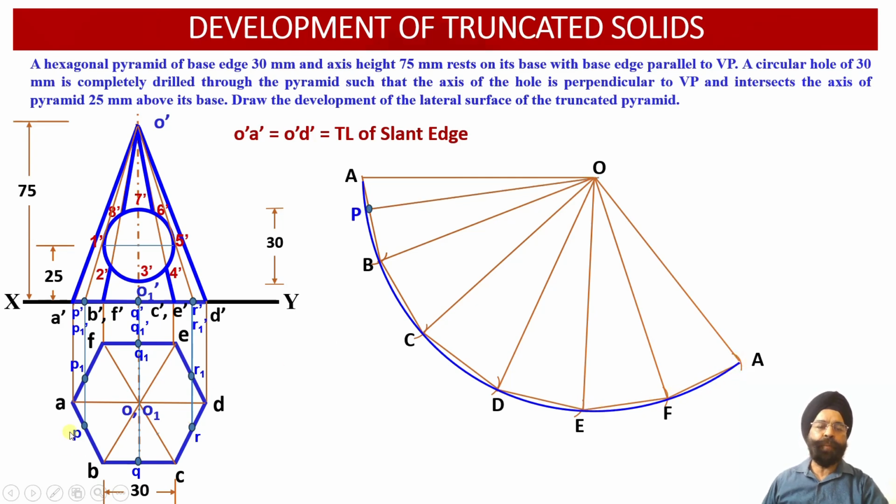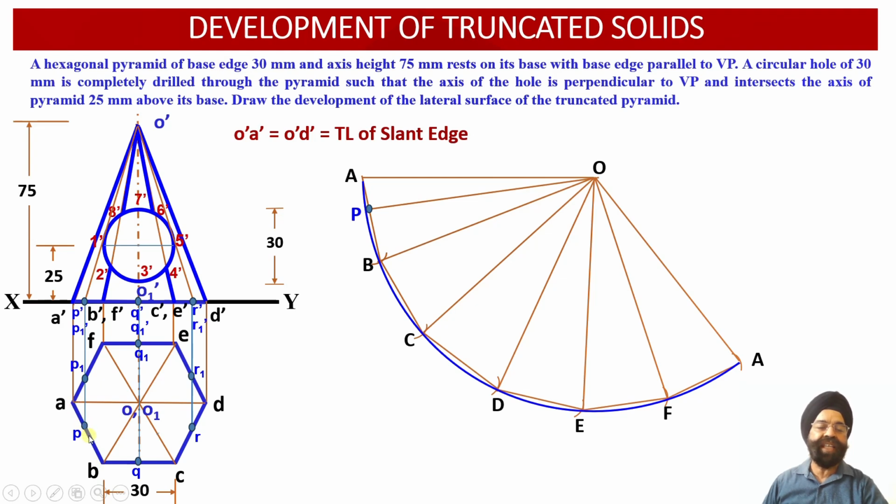So now let us plot the different points P, Q, R, P1, Q1 and R1 which we have obtained corresponding to the additional generators which we have obtained onto the base edges over here. So we know that point P lies at this distance alongside the edge AB into the top view projections over here.